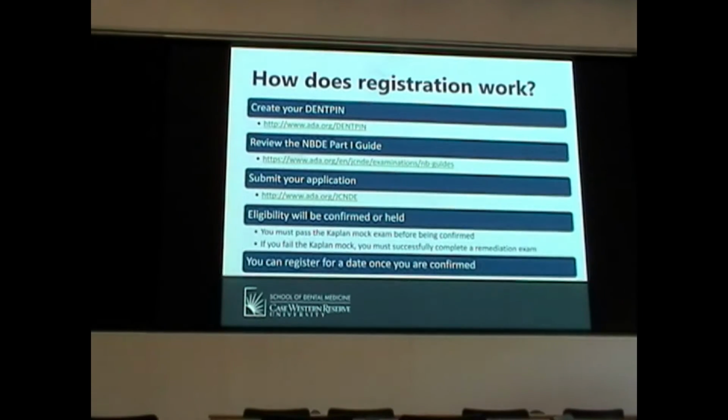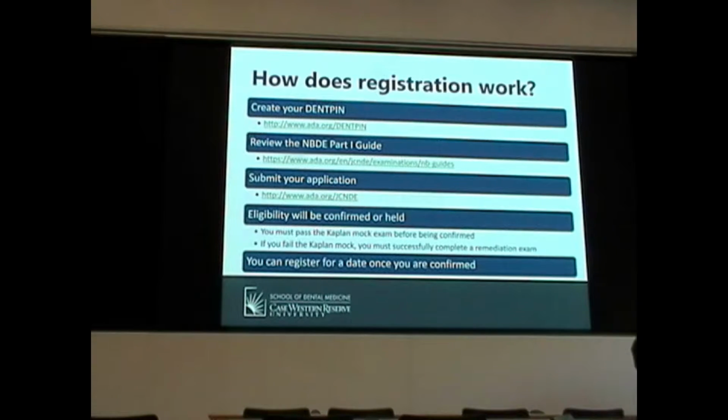The main kicker with this one is that you cannot register for a date until your eligibility has been confirmed. Your eligibility cannot be confirmed until you pass the Kaplan mock. Okay? So with that, 1 second, Ashley, and then I'll get to you. I just want to stress, if you want to set your date, pass that mock. Okay? That's going to be your best bet.